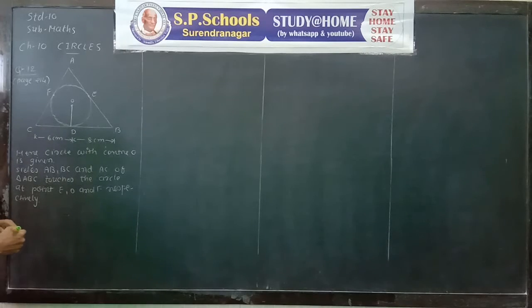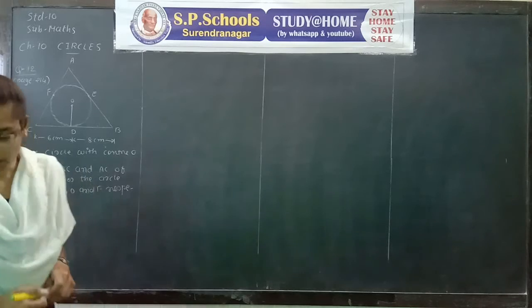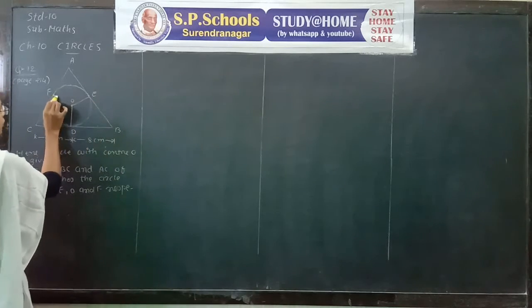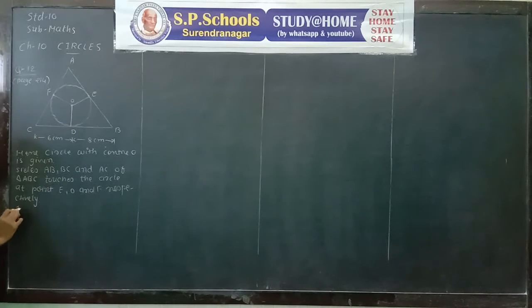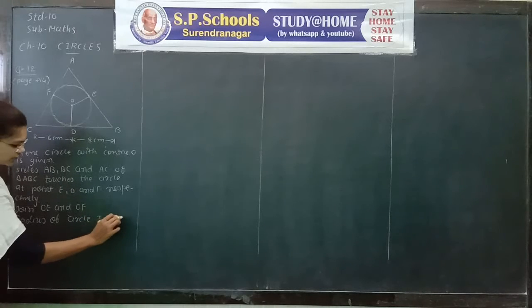The radius of the circle is given. In the question, the radius of the circle is 4 cm. Let us join OE and OF. Radius of the circle r is equal to 4 cm.